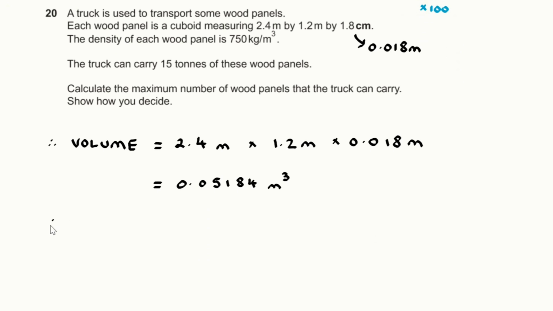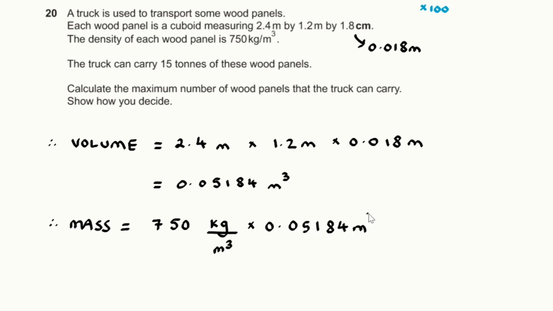So the density, well, we know what the density is. That's 750 kilograms per meter cubed. So therefore the mass of these planks of wood, we've got 750 kilograms per meter cubed multiplied by 0.05184 meters cubed.